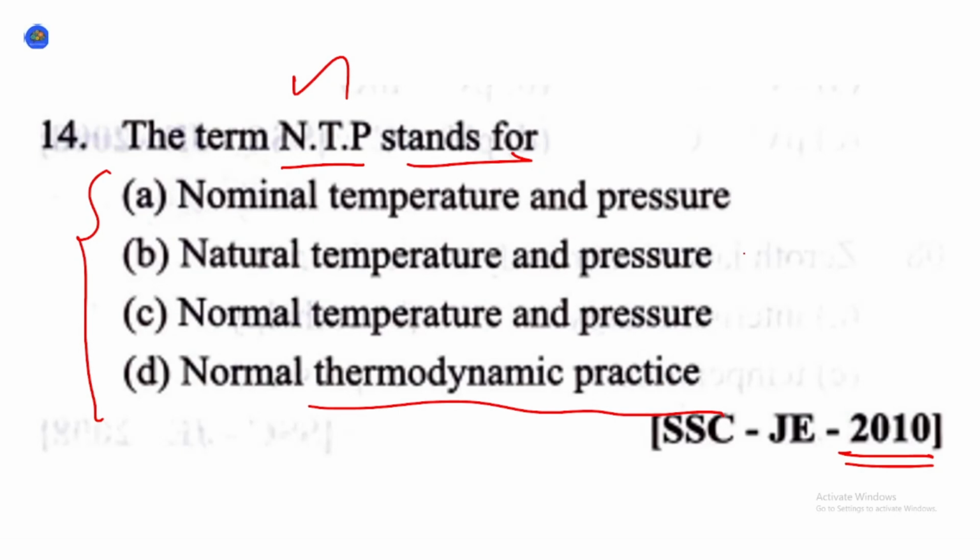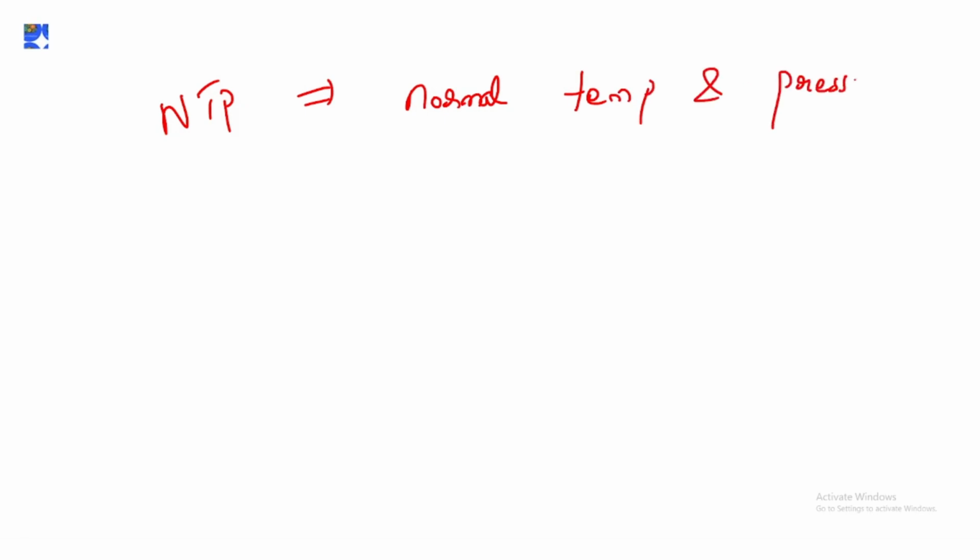Generally, the term NTP stands for normal temperature and pressure. The normal temperature is 20 degrees Celsius actually.